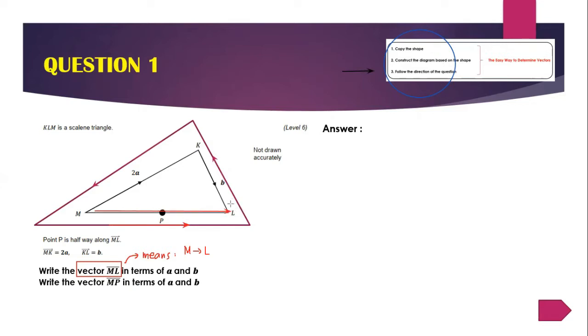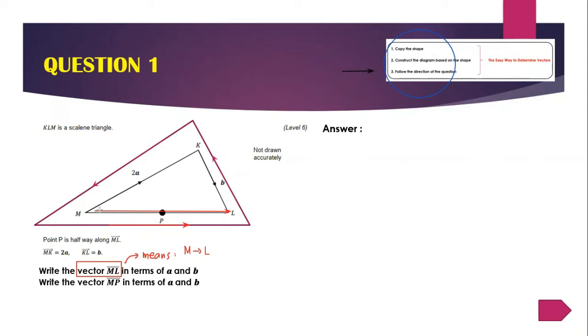Okay, is it clear to you? Why are you going to construct or follow the direction M to L? Because the question is ML. So you have to follow the direction of factor ML, not LM, but ML. So ML will be parallel to the new construction, the purple one. Look at the direction.